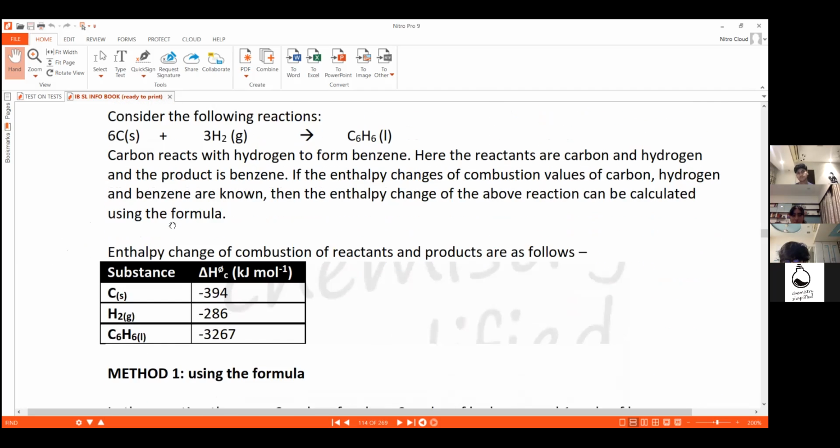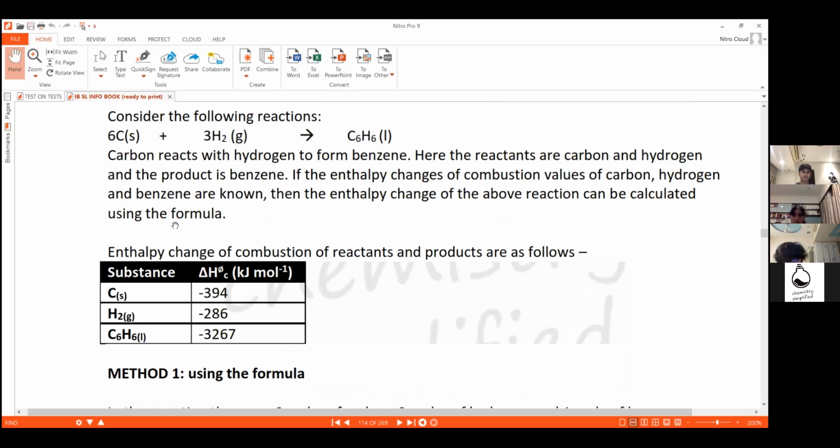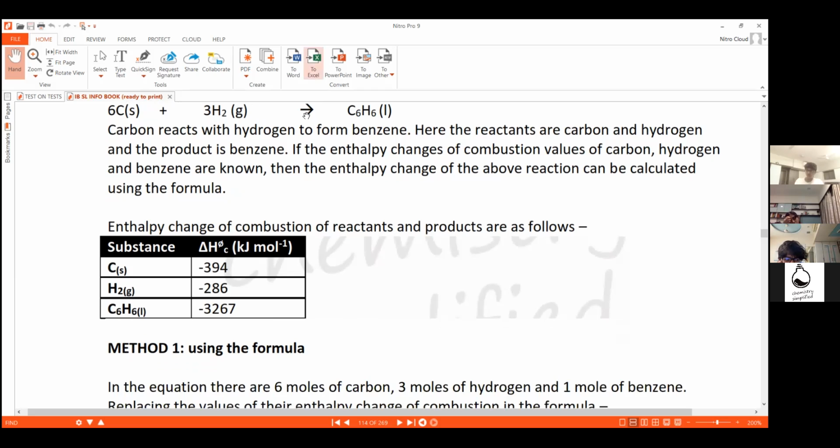Now after understanding the enthalpy change of combustion, we will use the same 3 methods: formula, manipulation, and Hess's triangle, Hess's cycle, to find the enthalpy change of a particular reaction. So let's start. The processes are the same, only a slight change in the cycle, and also in the formula there is one small change.